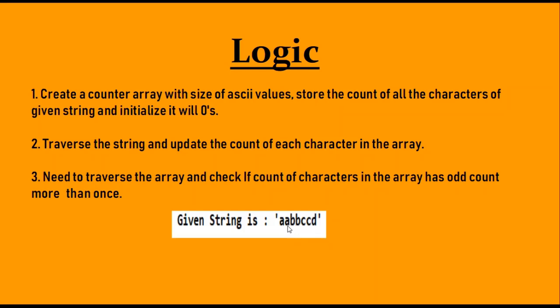If you see here, A has a count of 2, B has 2, and C has 2, whereas D has only 1. So when we update this array, only D would have a count of 1. Suppose we have another element E, then we have two characters with a count equal to 1, and that is definitely not a palindromic string. We can't form a palindrome from such a string.